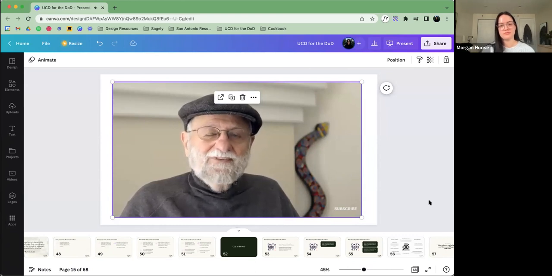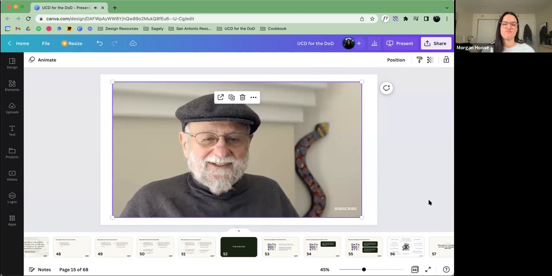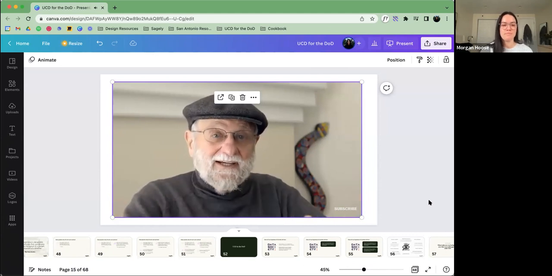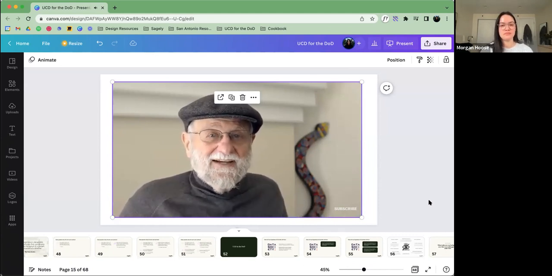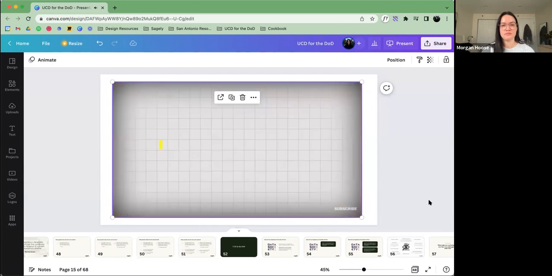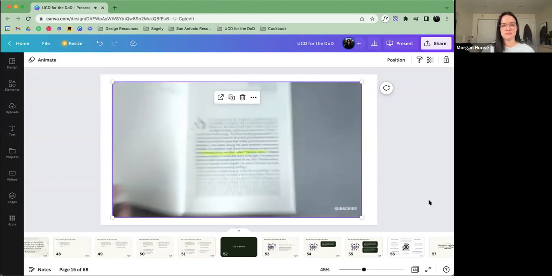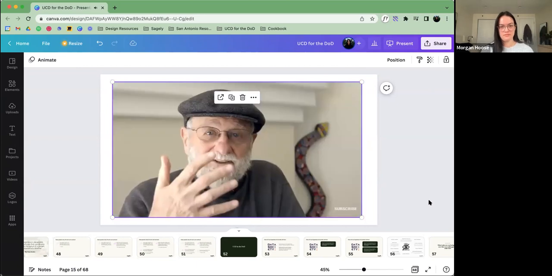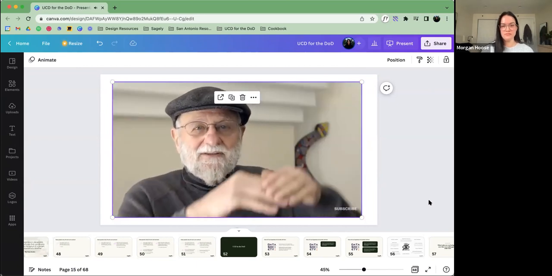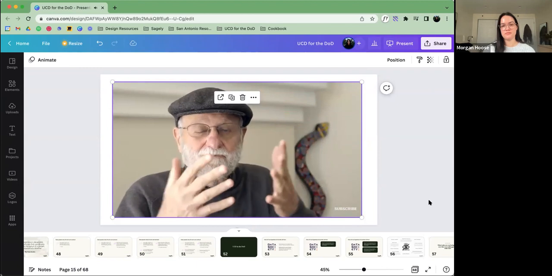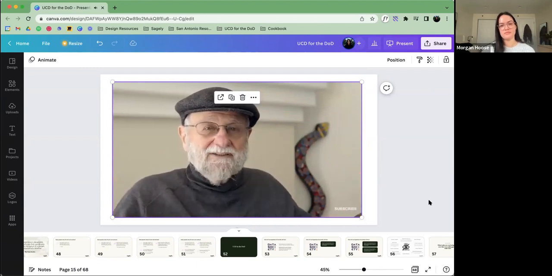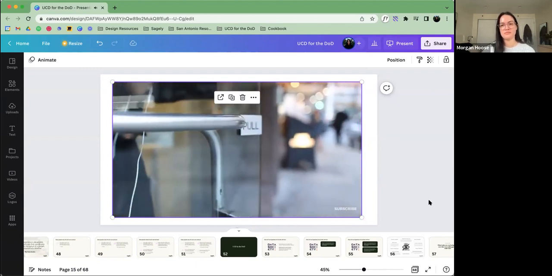No. In fact, if you continually get it wrong, it's a good sign that it's a really bad door. A Norman door is one where the design tells you to do the opposite of what you're actually supposed to do, or gives the wrong signal and needs a sign to correct it. Why does it need an instruction manual? That is, why do you have to have a sign that says push or pull? Why not make it obvious? It can be obvious if it's designed right.